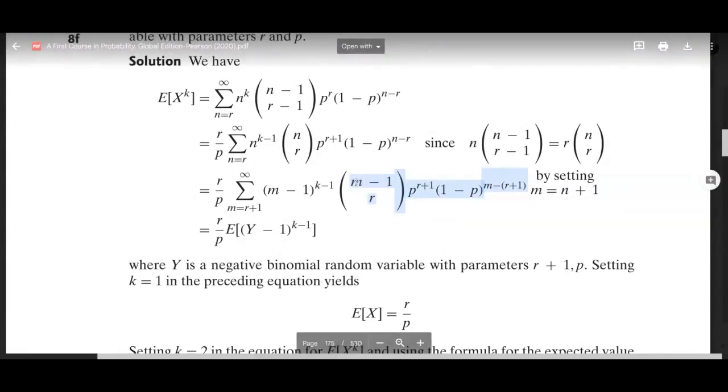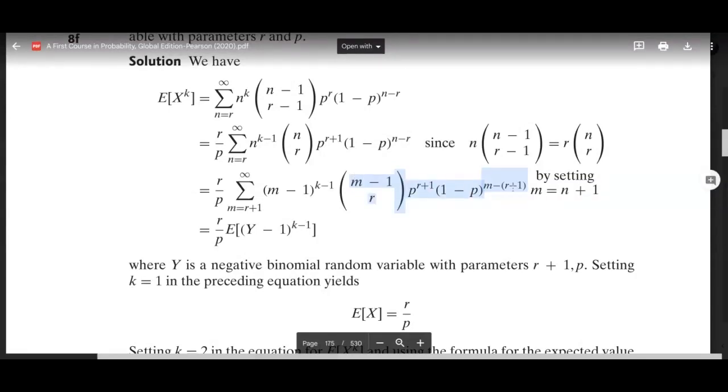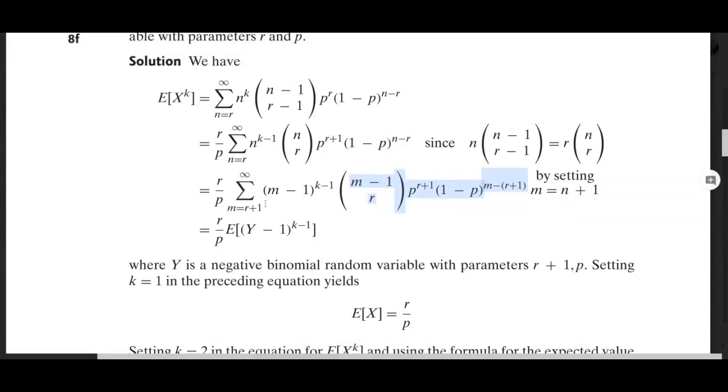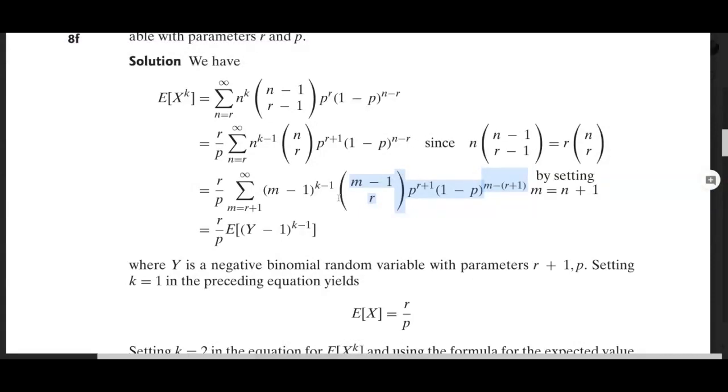So this whole thing is the formula. Then it adds up, so the summation of this part should be 1. But we have this m minus 1 raised to k minus 1.